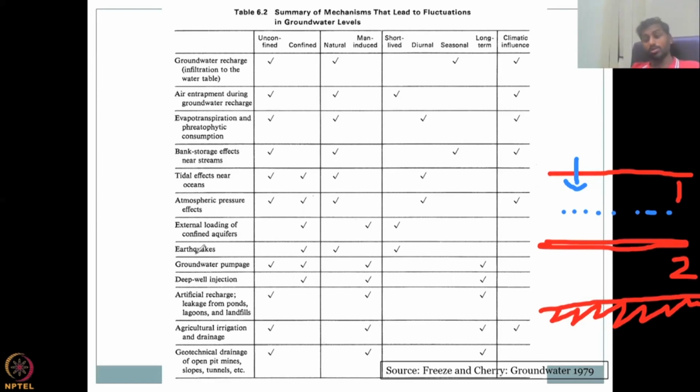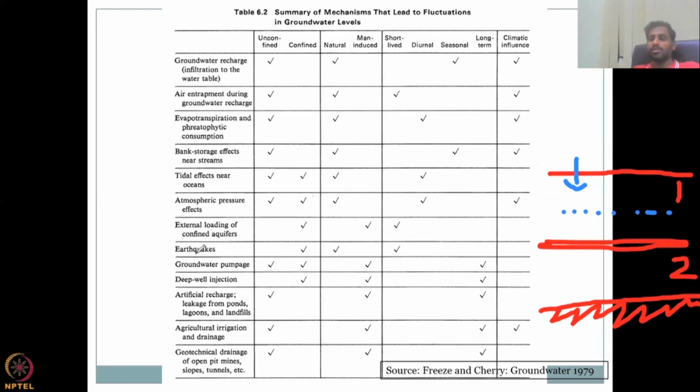Atmospheric pressure effects. When the atmospheric pressure is different, water can come out, because water flows from high potential to low potential. For example, outside the well, if the atmospheric pressure is low compared to the high pressure of the water inside, then water flows from high pressure to low pressure. You have automatically flowing wells, which are called artesian wells.